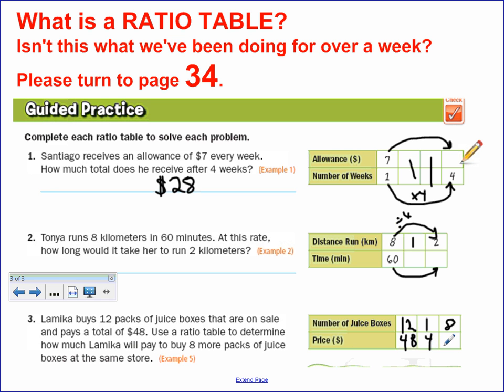Now I can get to 8 easily. 1 times 8, 4 times 8, $32. See, that one was much easier as a unit rate. Is that the only way to do it? No, but hopefully tomorrow we'll be able to work some more on these and some of these exact same questions, but also some other ones, and you'll see how sometimes the unit rate makes it easier.